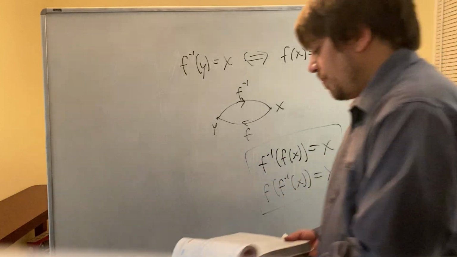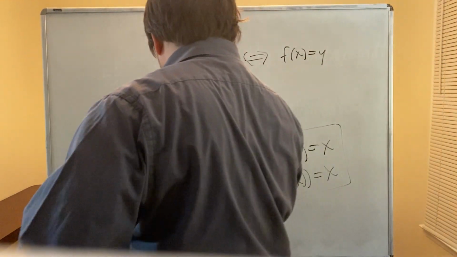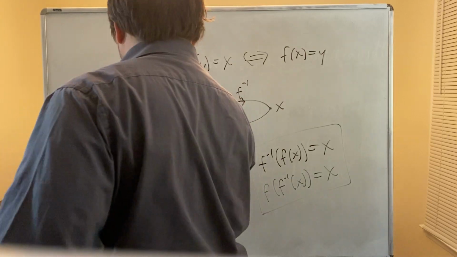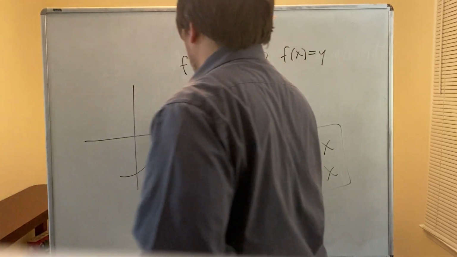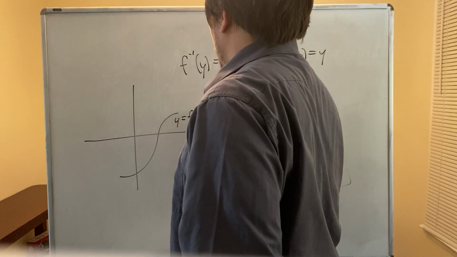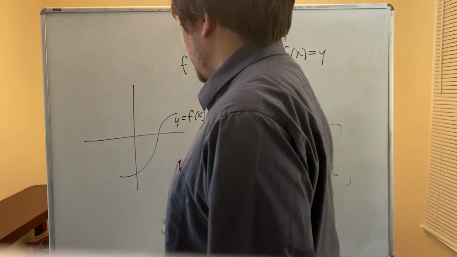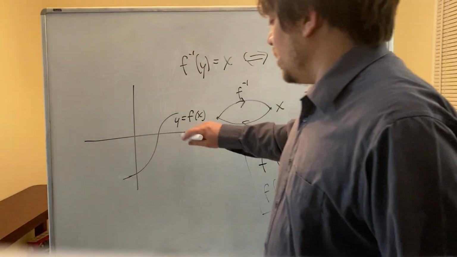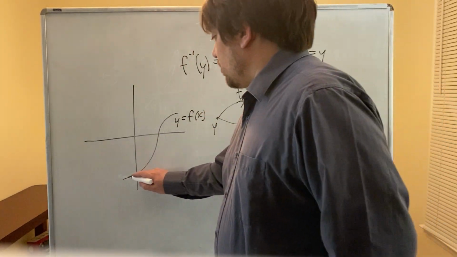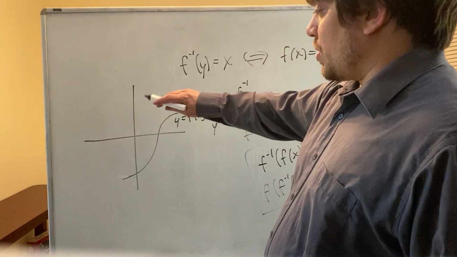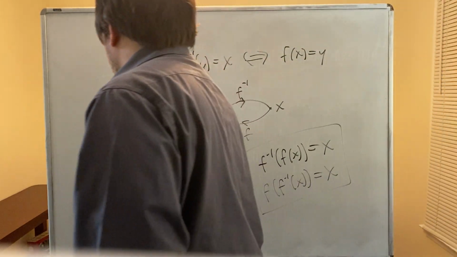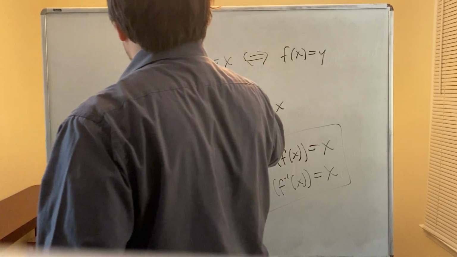Also, let's say you have the graph of a function f, and it looks like this. If you want to know the graph of its inverse function, this is a one-to-one function because of the horizontal line test: there's no horizontal line that intersects the graph more than once. This is the line y equals x.